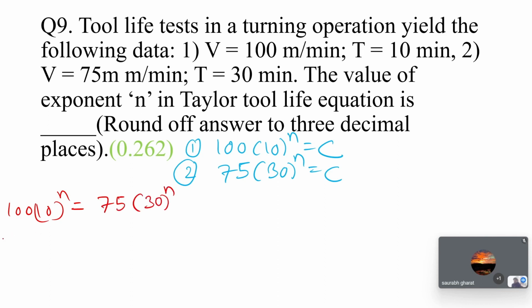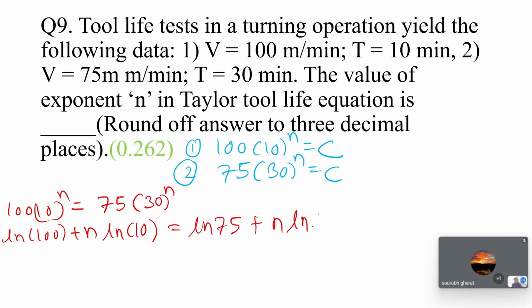So apply log on both sides. ln 100 plus n ln 10 is equal to ln 75 plus n ln 30.